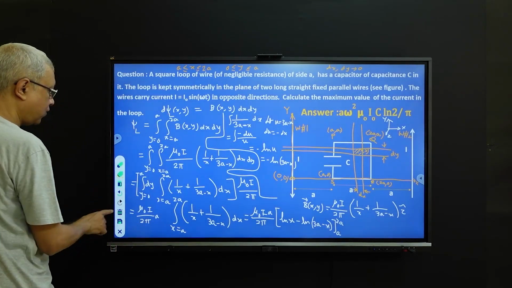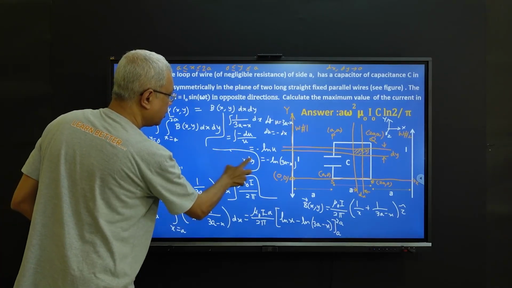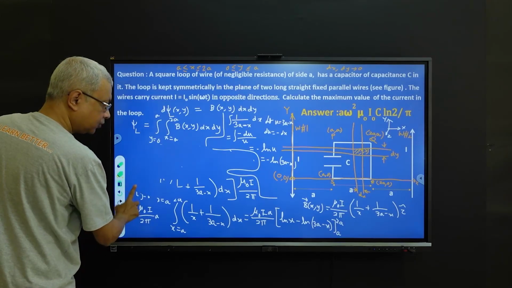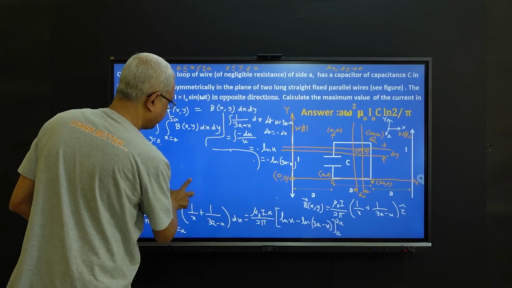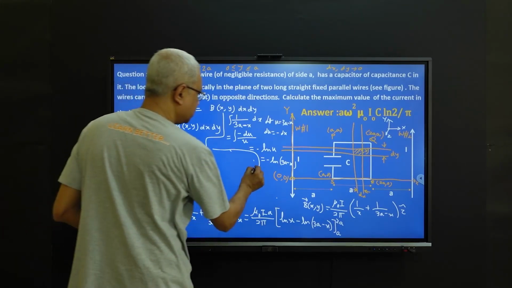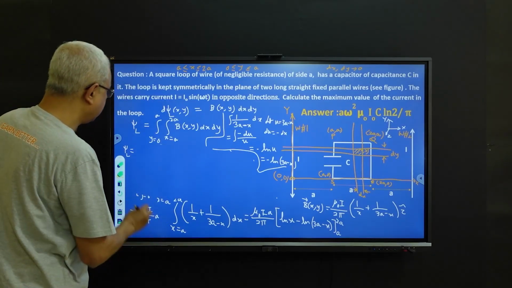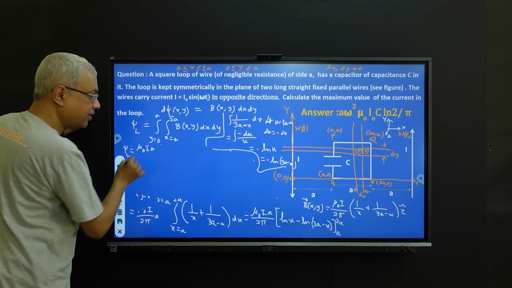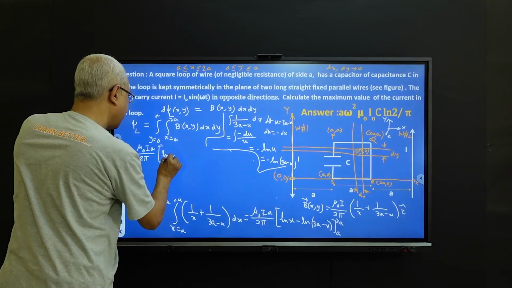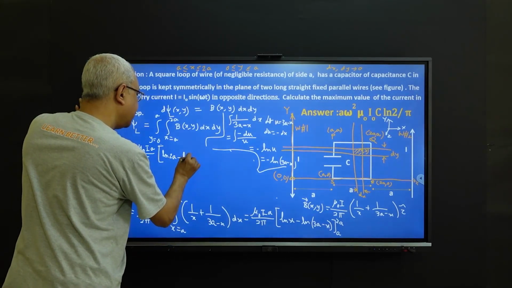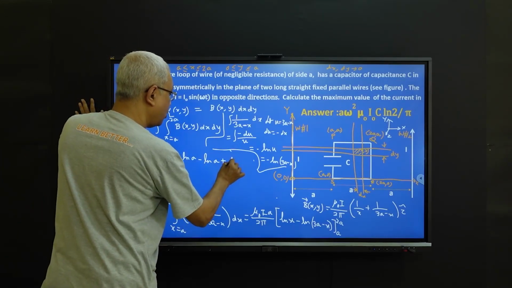So psi L is equal to, please follow the steps, mu naught I a by 2 pi, ln 2a minus ln a, minus ln a plus ln 2a.